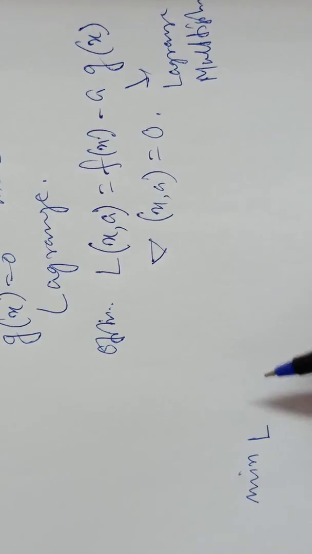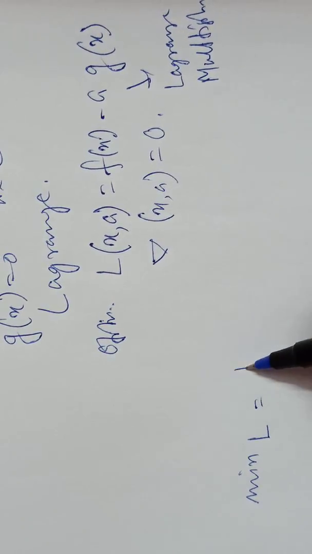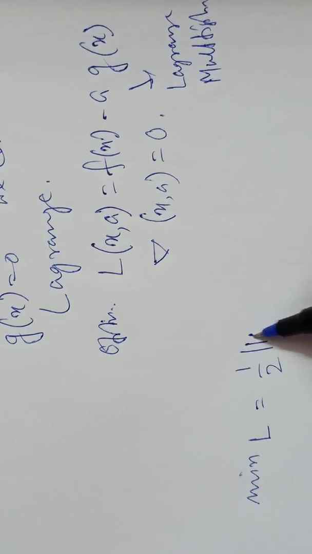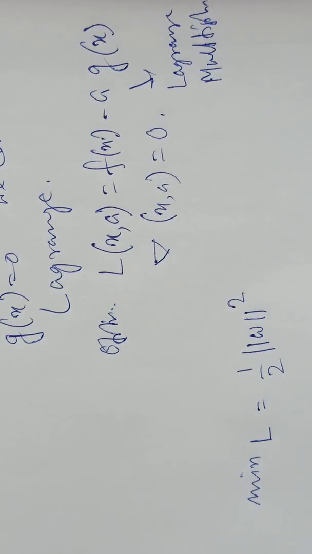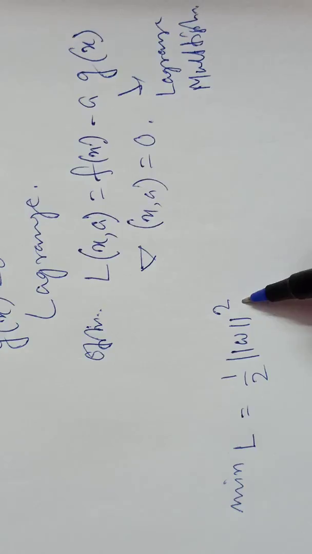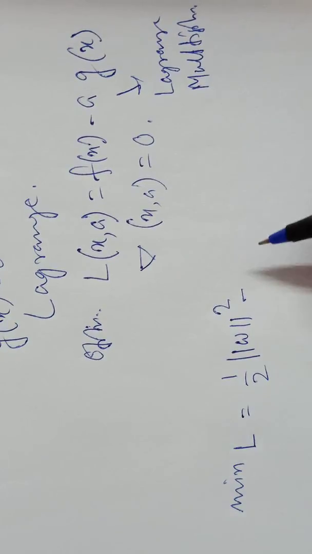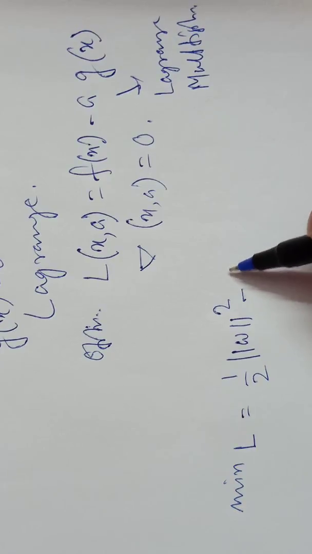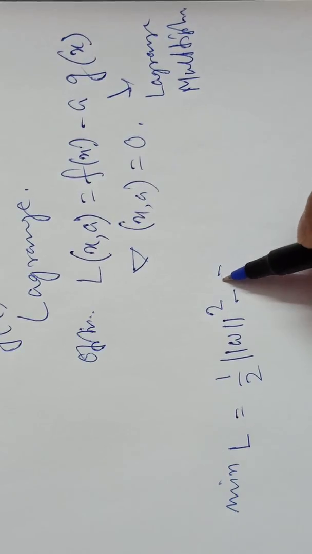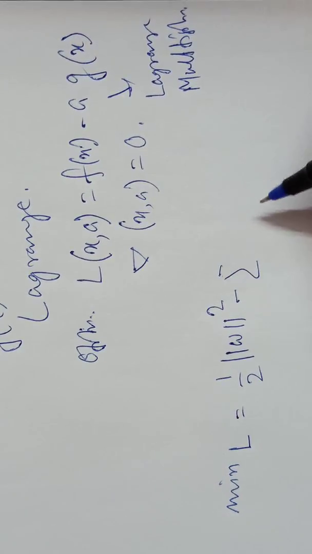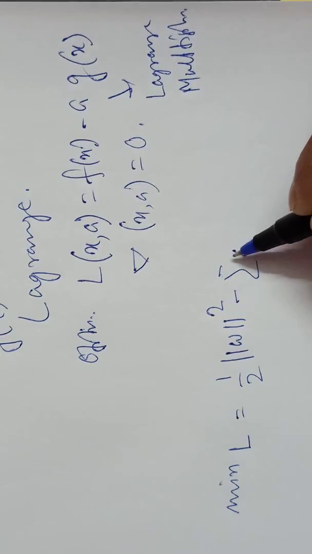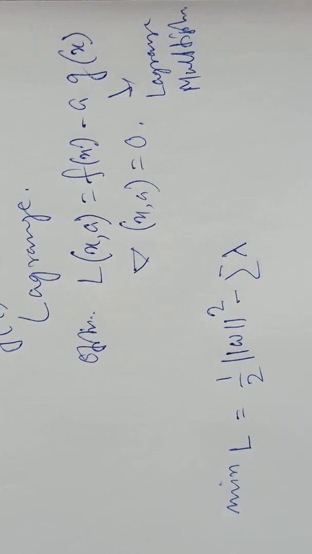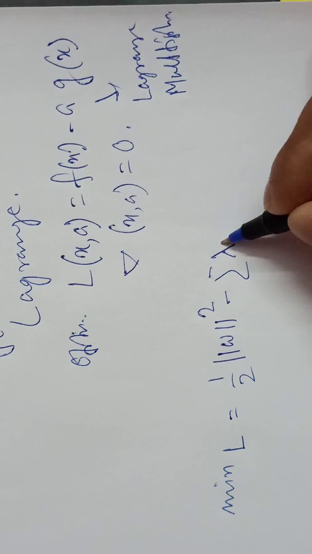Let L be equal to half of norm square, that is f(x), minus the sum of lambda i, where the Lagrange multiplier is denoted as lambda i, times g(x).